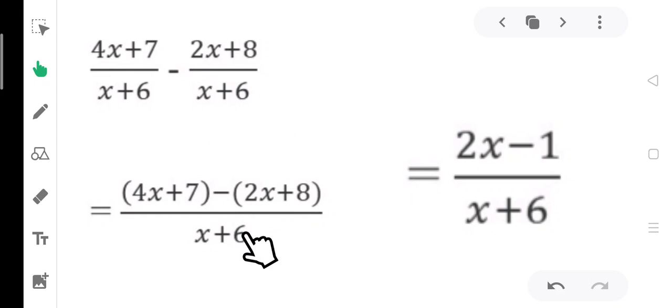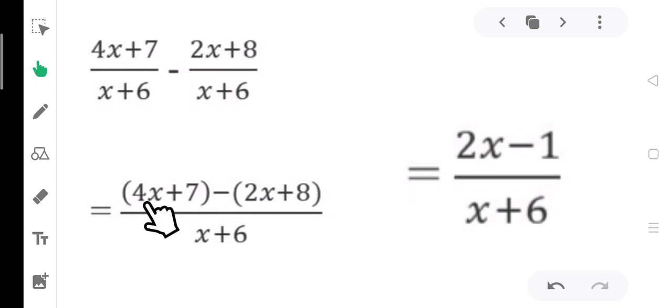So we have x plus 6 as the common denominator, and then we subtract the numerator. Be careful with the sign since there are two terms in the numerator here. So we are going to include those terms in parentheses.